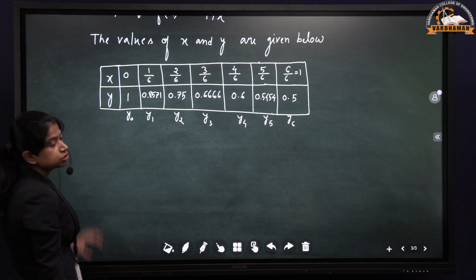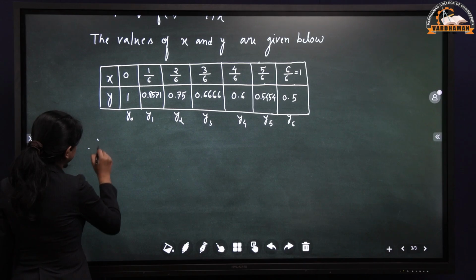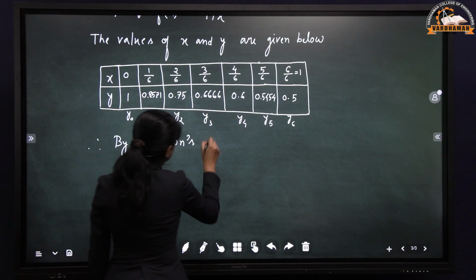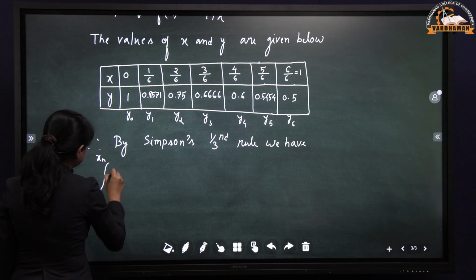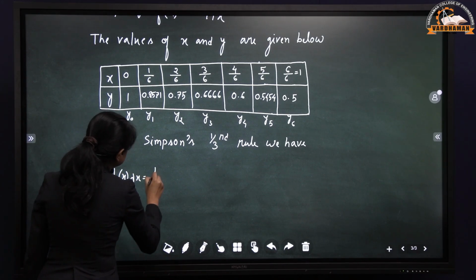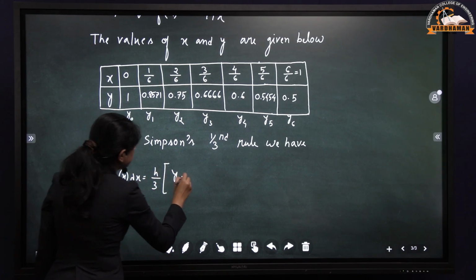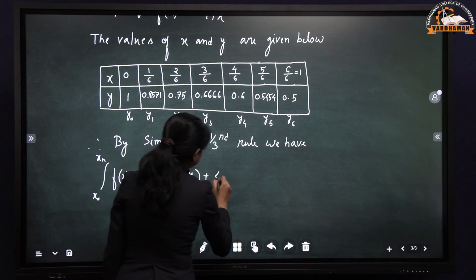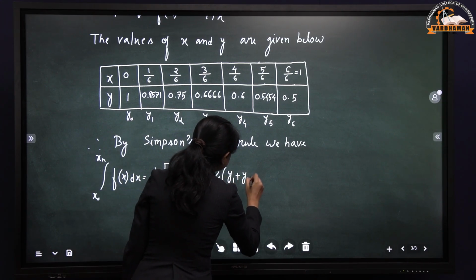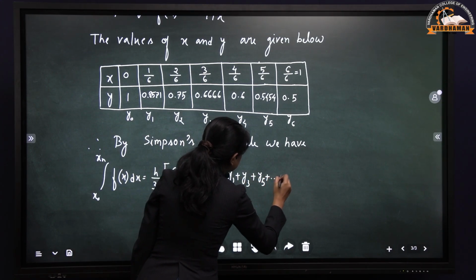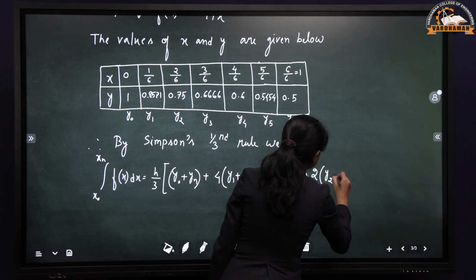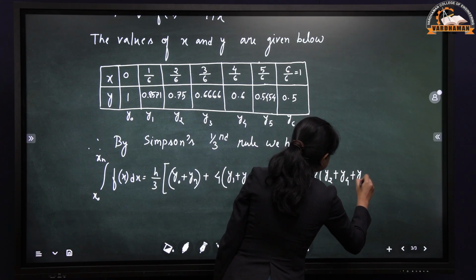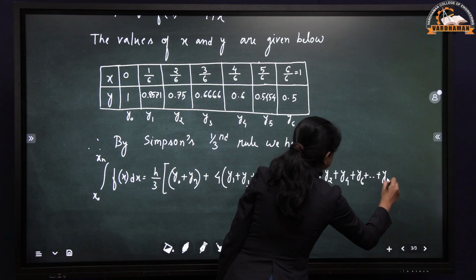Now let us use the Simpson's 1/3 rule. Therefore, by Simpson's 1/3 rule, we have integration x0 to xn f of x dx is equal to h by 3 [y0 plus yn plus 4 into (y1, y3, y5 and so on yn minus 1) plus 2 into (y2 plus y4 plus y6 plus so on yn minus 2)].